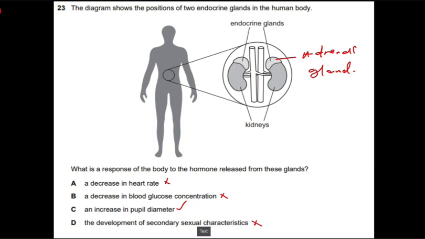You can talk of the ovaries, which have the corpus luteum, depending on your pronunciation. So the answer here is just going to be C. But they can also phrase this question in a different way, and you'll find that increase in heart rate or increase in blood glucose concentration can be the answers.